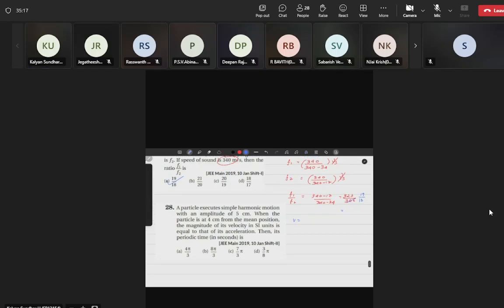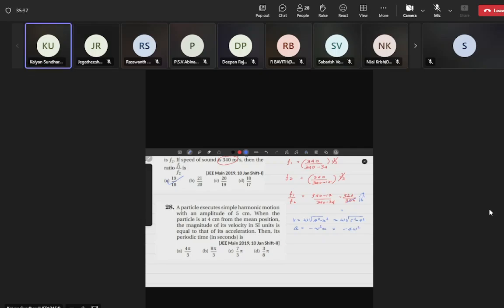So velocity is omega under root of 5 square minus 4 square, and acceleration is minus omega square x, so minus 4 omega square.